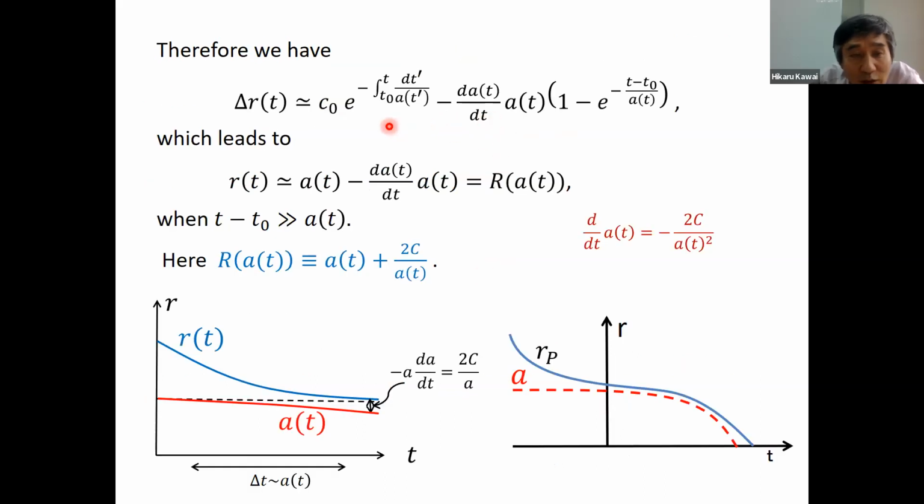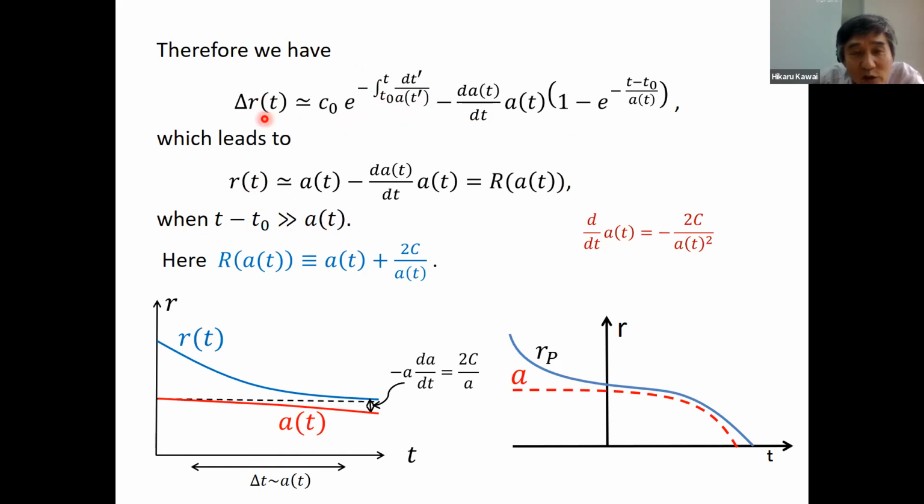So if t minus t0 is greater than A, as we have seen, the typical time scale of delta is A. So for long time, t minus t0 is greater than A, but it should be less than A cubed. For long time compared with A, we can drop this because it is exponentially down.